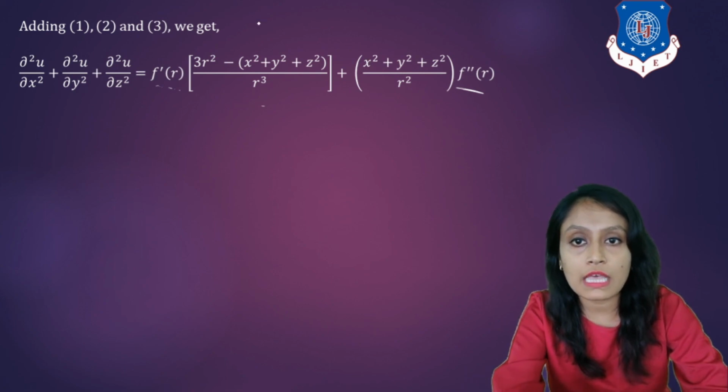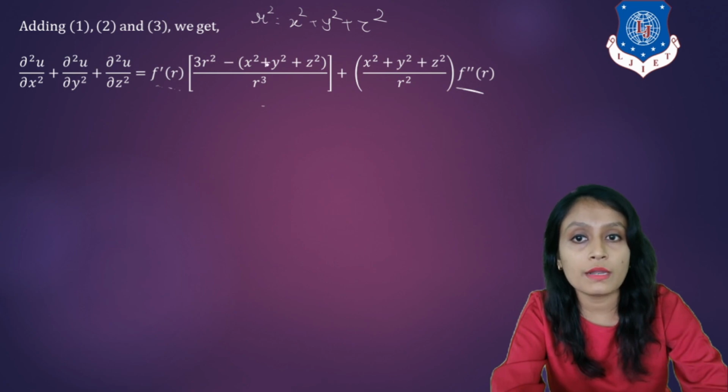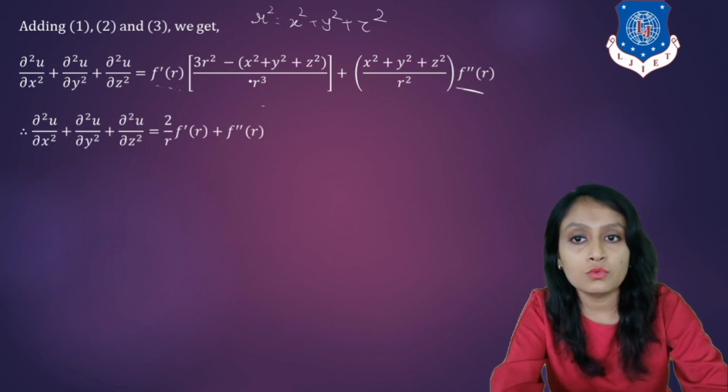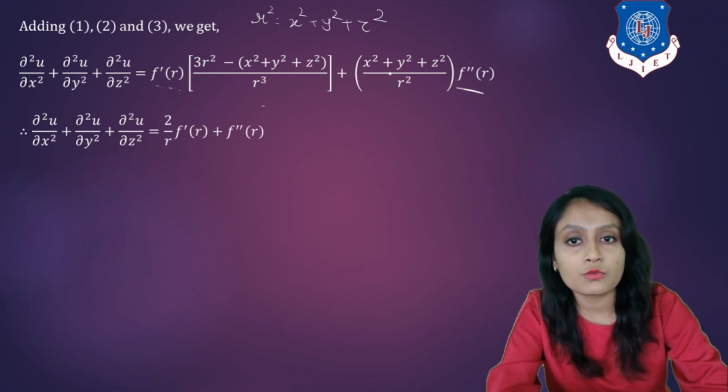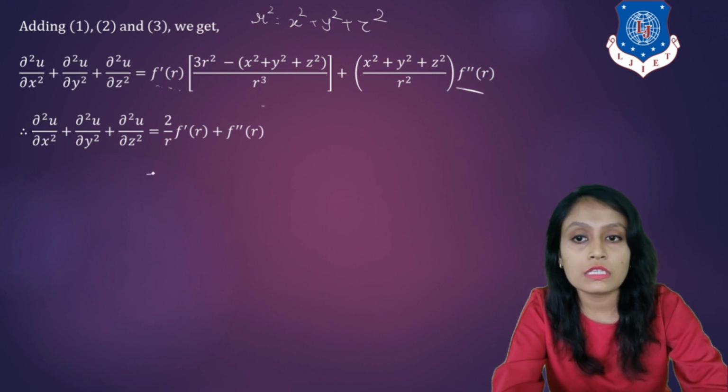Now we know r² is equal to x² plus y² plus z², so in place of this we substitute r². So 3r² minus r² gives 2r², and upon r³ we have 2/r into f'(r). Plus r² gets cancelled, so we have only f''(r). So this is our desired result.